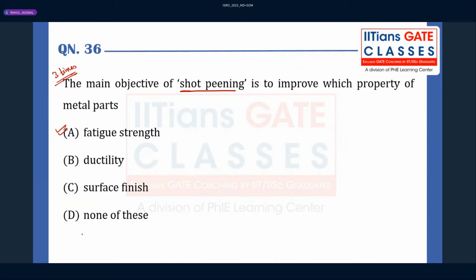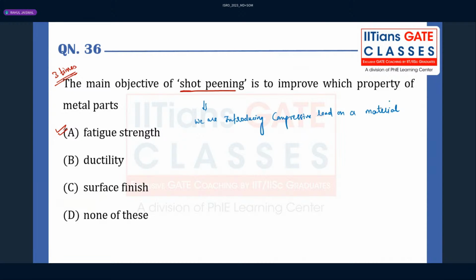We are introducing compressive stress, or basically with the help of this we are introducing compressive load on a material. Right. Compressive load is basically not a harmful load.